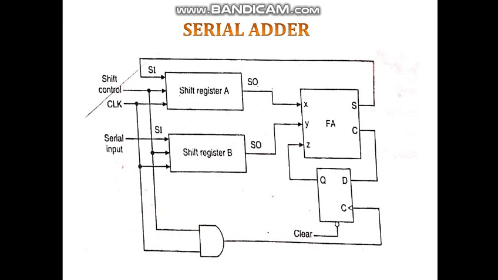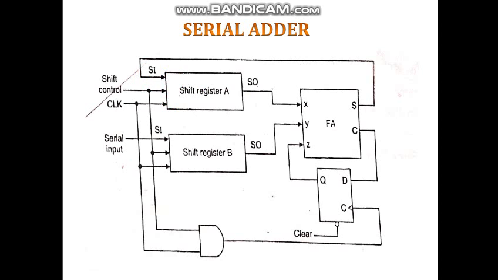SISO means serial input, serial output. Their input is taken serially, so it is called SI, and it also gives output serially, so it is called SO. These two shift registers are SISO shift registers.